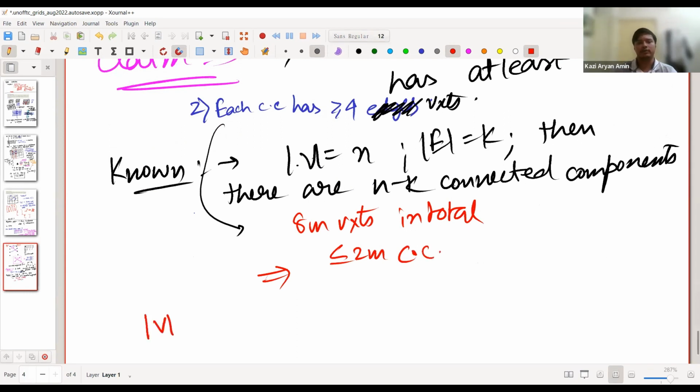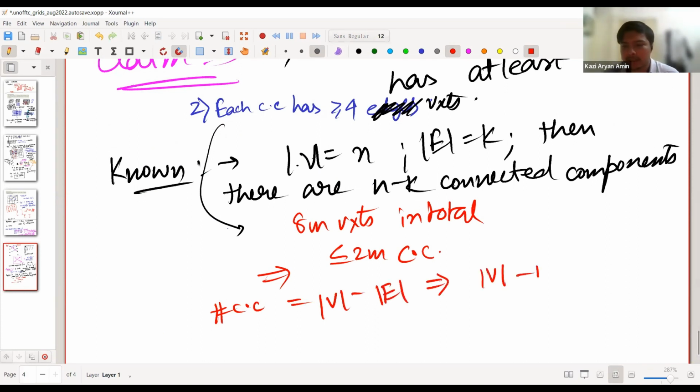But the number of connected components is V minus E, as I said above. So V minus E is at most 2m. This gives you E is at least 6m, like we wanted to prove.